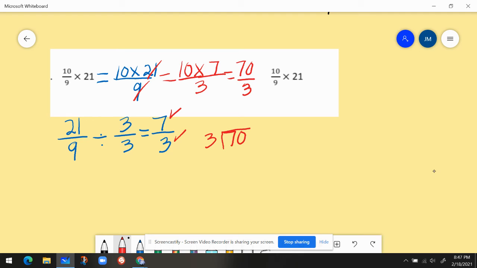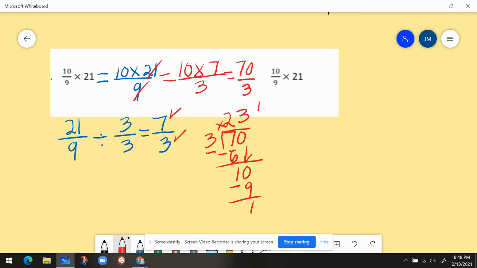Okay? So the 3 goes into the 7 2 times. 2 times 3 equals 6, and the remainder is 1. We lower the 0, so when we regroup, it's a 10. So the 3 goes into the 10 3 times. 3 times 3 equals 9. So the remainder is going to be 1. So there you have it.